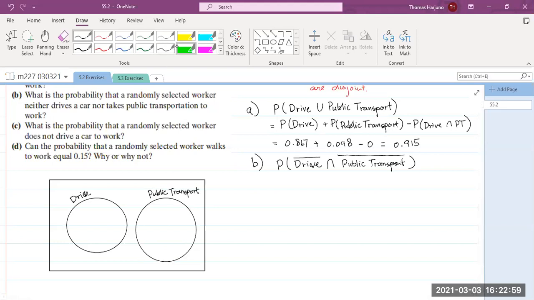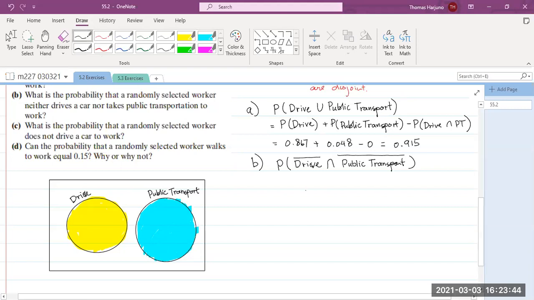Now, we are looking for something not in driving, so not yellow, and also not blue. Outside of yellow and outside of blue at the same time. So which part will that be? That will be the part outside of those two circles, right?